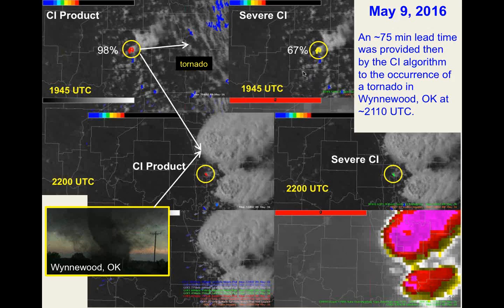So we effectively gave a really long lead time in this particular case, and the event continued, so we were getting additional hits. The very nice thing is that the severe CI product only picks out the clouds that have the greatest likelihood of becoming severe storms.